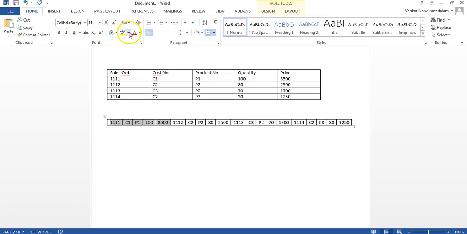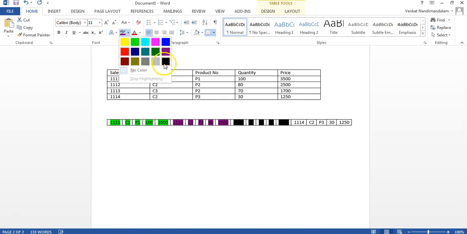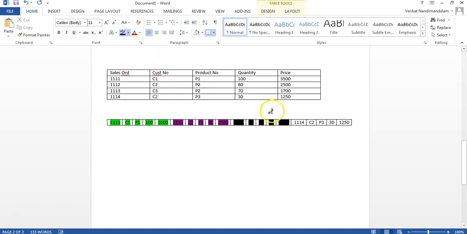So this is called a tuple. Let me give a different color to each tuple.